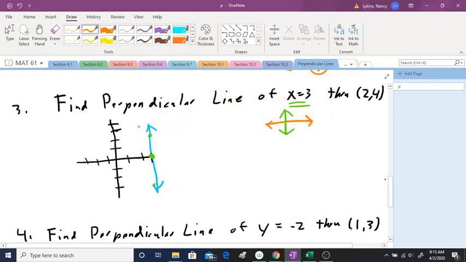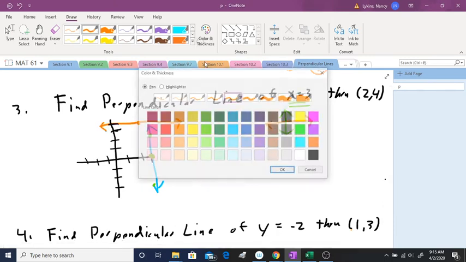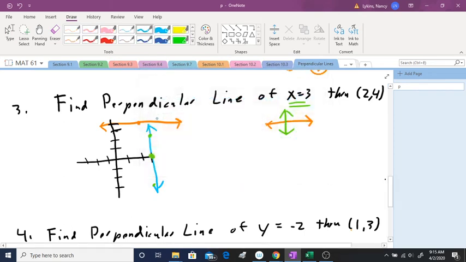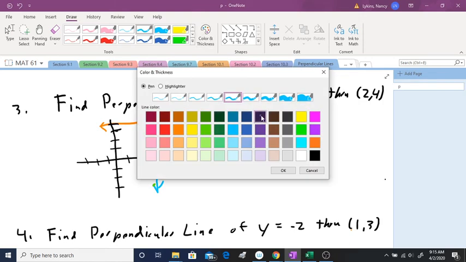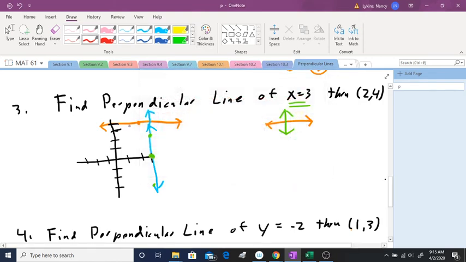I'm going to go over 2 and up 4. And if I extend this blue line up, look what it does. It intersects. And where does it intersect? It intersects right here, which, if you go over, this is the y-axis. It's y equals 4.